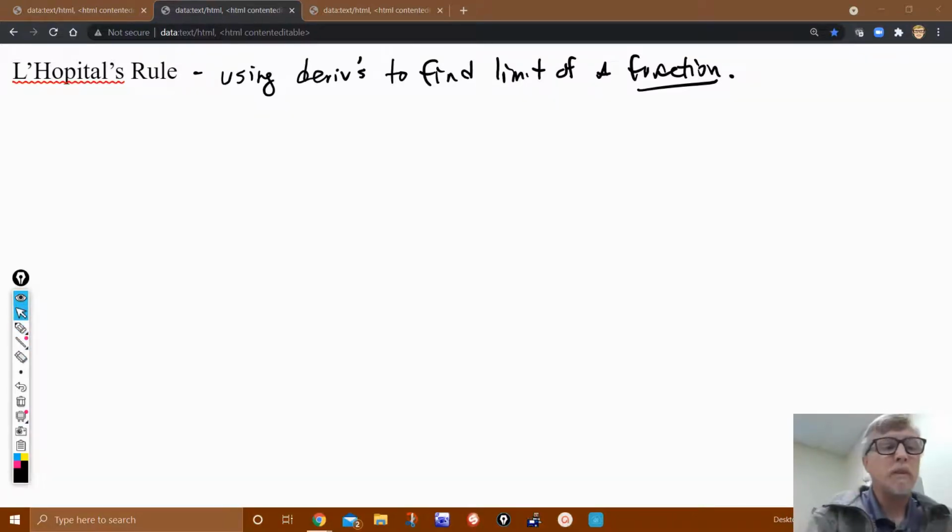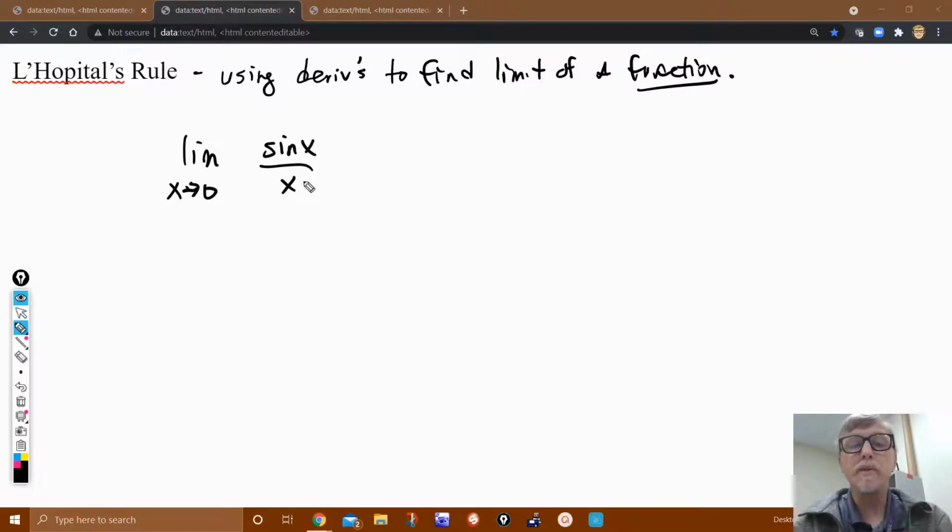So remember early on in the course, we have this particular limit. The limit as x approaches 0 of the sine of x divided by x. Now, by direct substitution, if you put 0 into this, you get 0. If you put 0 into this, you get 0. And this is undefined, right?